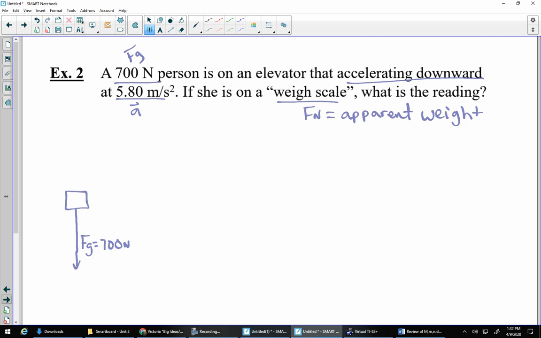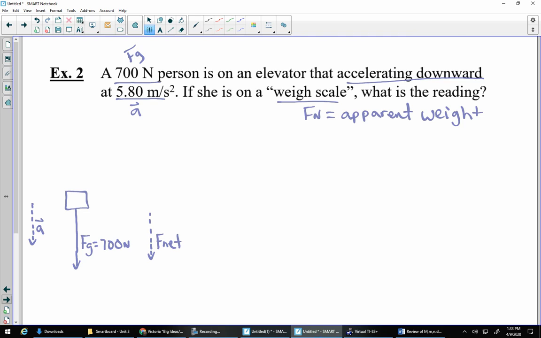But I want to think to myself, is it going to be bigger or is it going to be smaller? So I'm just going to draw the acceleration vector off to the side. So my acceleration is downwards. Which direction is my net force then? Draw my net force off to the side as well. Net force also needs to be downwards, because if the acceleration is downwards, the net force is downwards.